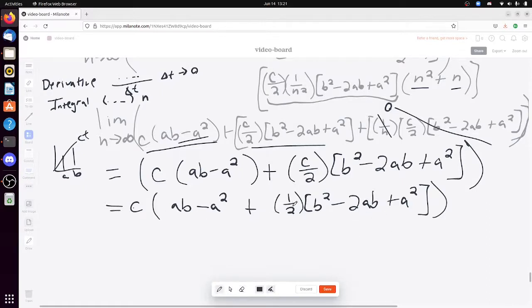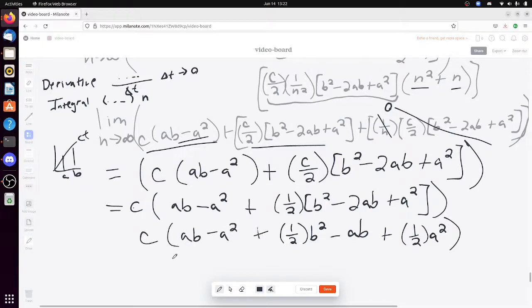Now let's apply this half to this expression over here. So that's going to be 1/2 b squared minus, 2 times 1/2 is just going to be ab, plus 1/2 a squared. That whole thing, and then obviously we still have ab minus a squared over here.